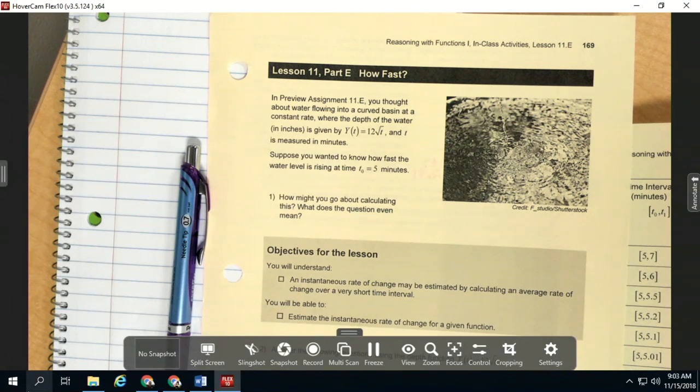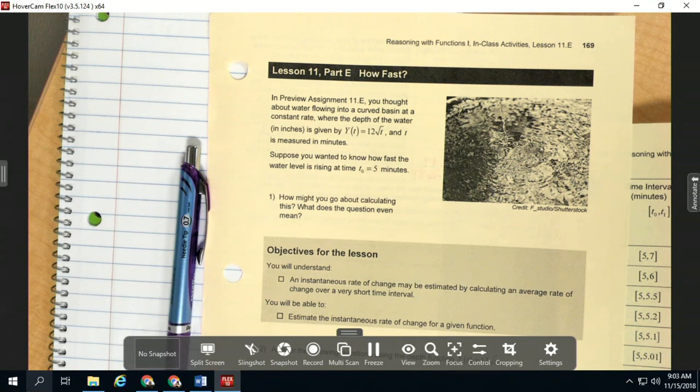Well, till now, we've been doing average rate of change over a period of time, like, for instance, from 1 minute to 2 minutes. If you're driving down the highway and somebody asks you, well, how fast were you driving from 9:05 to 9:06, you would, if you had your cruise control on, it would be easy to say, right?